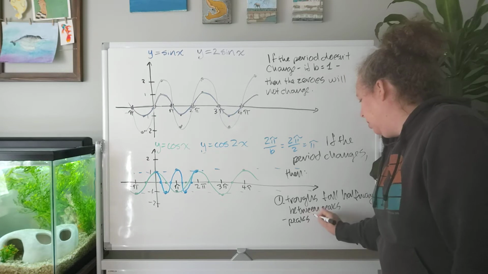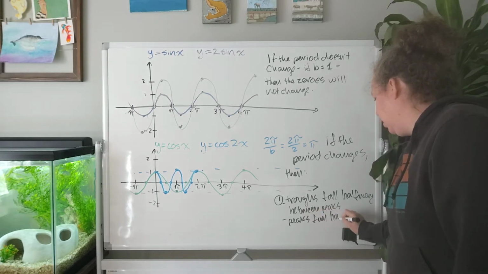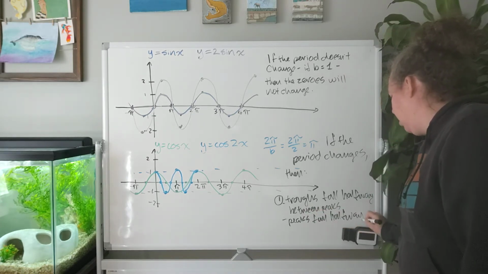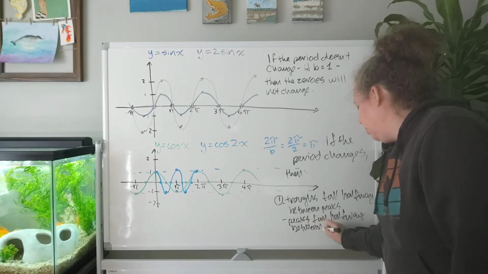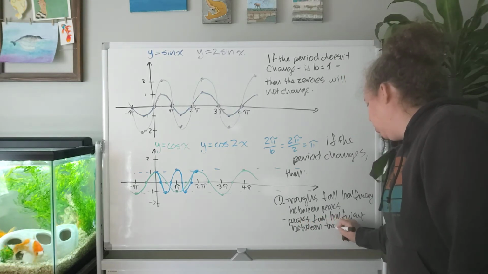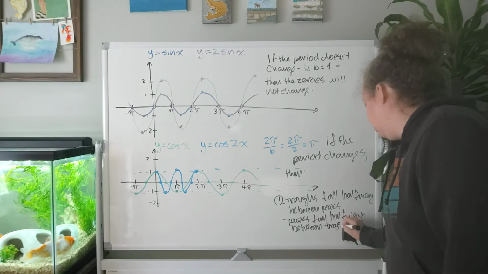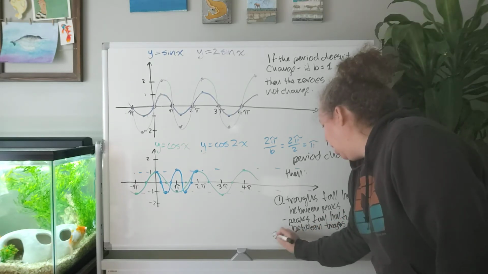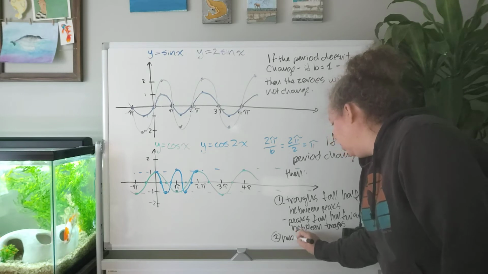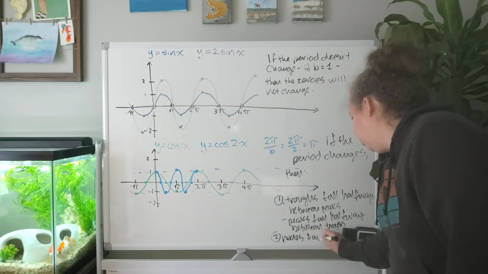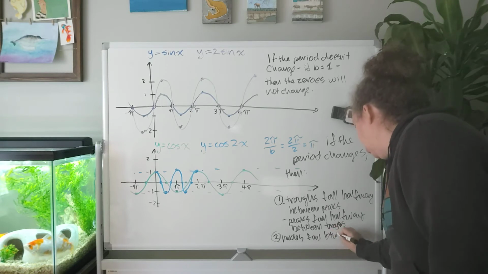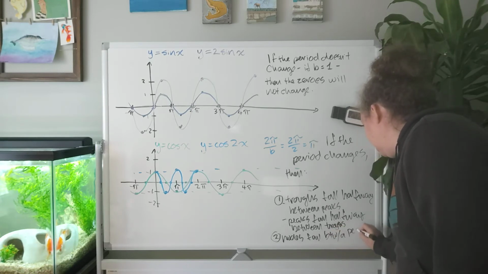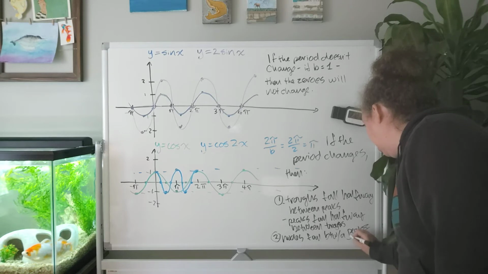Peaks fall halfway between troughs. Oops, my spelling. And nodes fall between a peak and a trough.